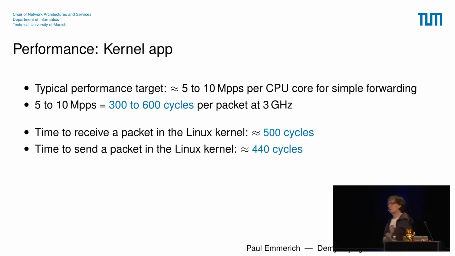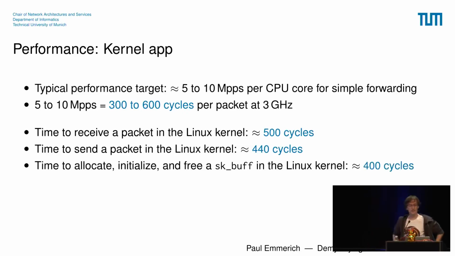Now you might think, what else do I need to do besides receiving and sending the packet? There is some more overhead. The sk_buff is the data structure used in the kernel for all packet buffers. And this is a quite bloated, old, big data structure that is growing bigger and bigger with each release. And this takes another 400 cycles.